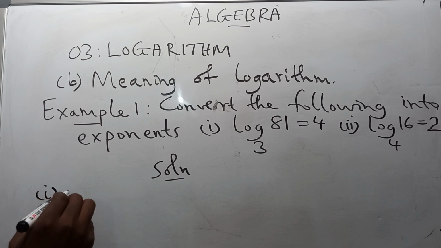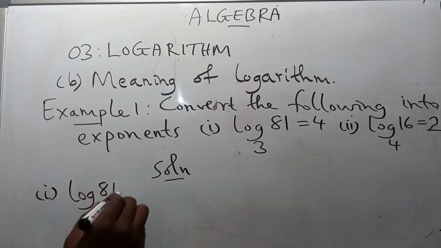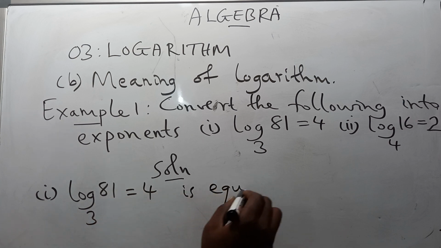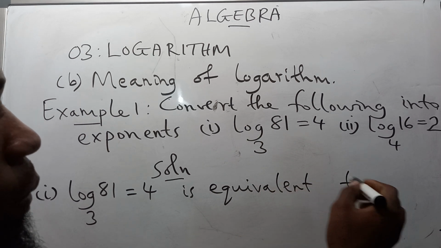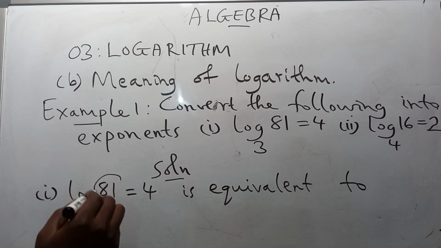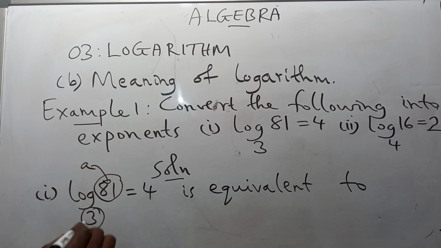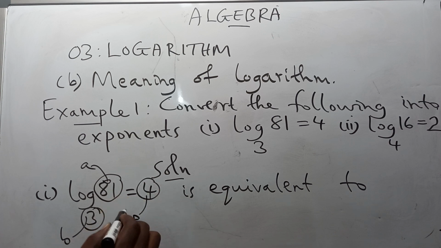Roman 1, log of 81 to base 3 is equal to 4 is equivalent to exponent. First, 81 is a given number, 3 is base, and 4 is power.